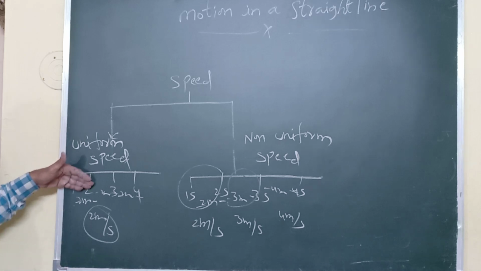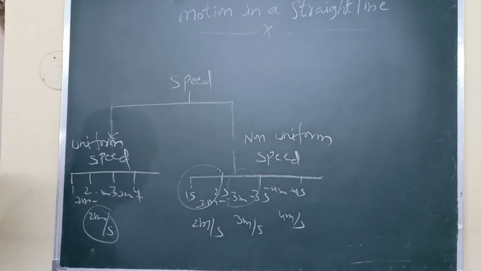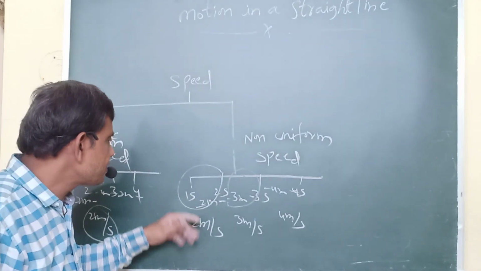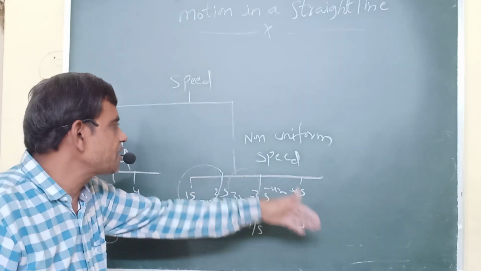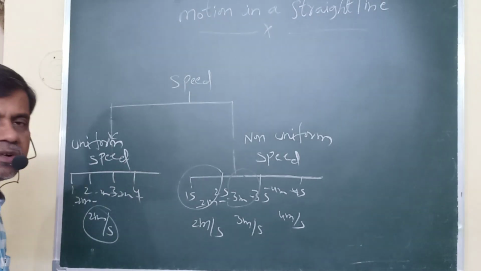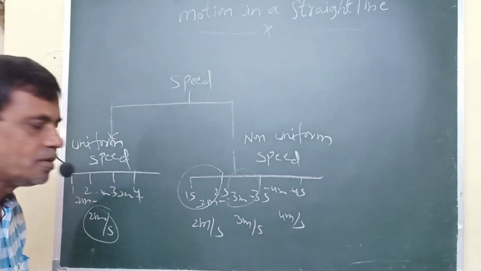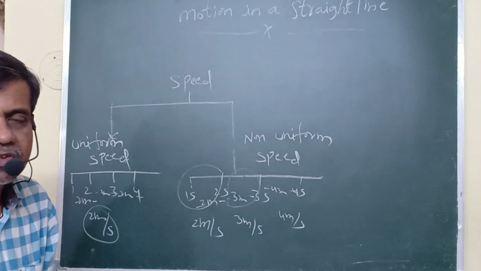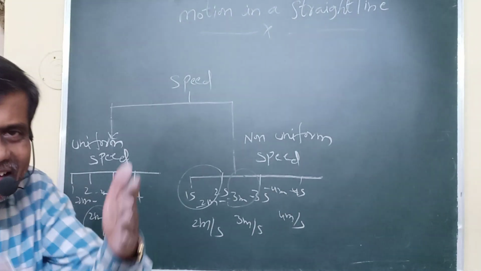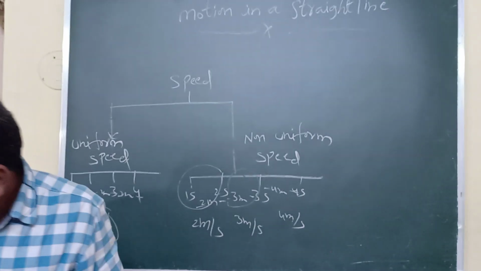In equal time intervals, traveled distance is same. That is called uniform speed. What is non-uniform speed? In equal time intervals, traveled distance is not same. That is called non-uniform speed. Speed in which case comes? For example, one car traveling along a curved path goes to speed case. It may be uniform or non-uniform. That things later. One car going along a straight line goes to velocity. So these are the physical quantities.